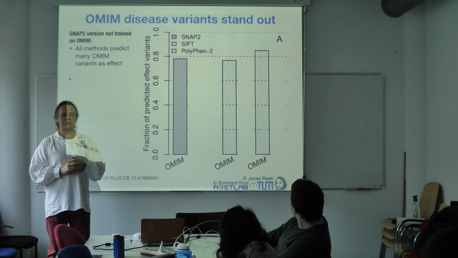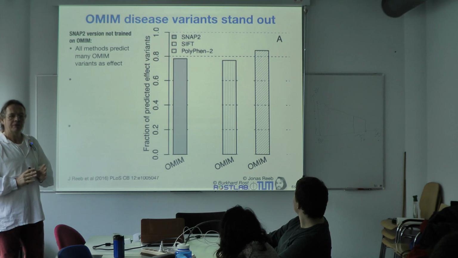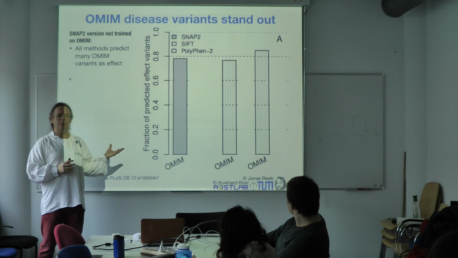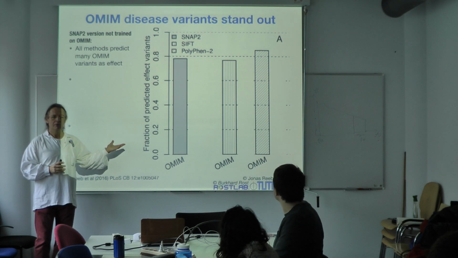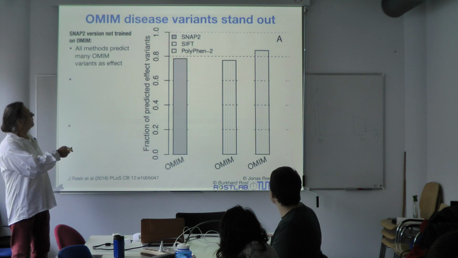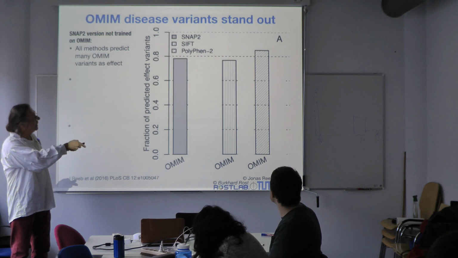I give you 3 values of 3 methods. For the set of OMIM variants, the variants that I know cause disease, I give you what fraction of those are predicted by that method to have an effect versus what fraction are predicted to be neutral. For SNAP, that ratio is roughly 79 or something like that.